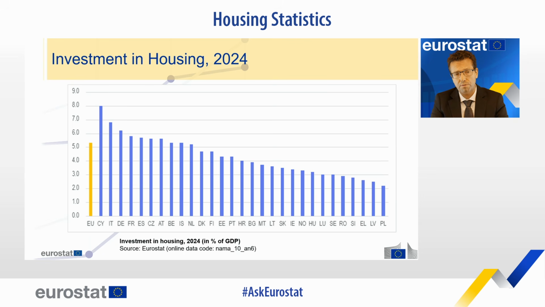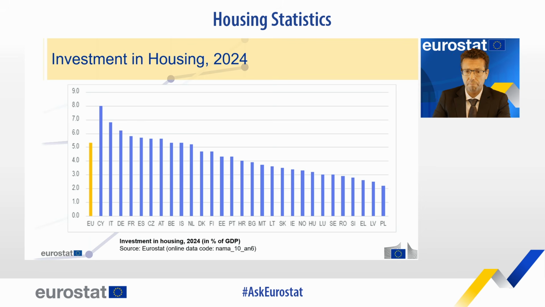We thought it is also very interesting to relate to the investment that is being made in housing, and we can see there are big discrepancies, big disparities depending on the country that we are analyzing. We can see countries like Cyprus, Italy, Germany, France, Spain, where the investment as a percentage of the gross domestic product, the GDP, is higher than the European average, higher than 5% of the GDP.